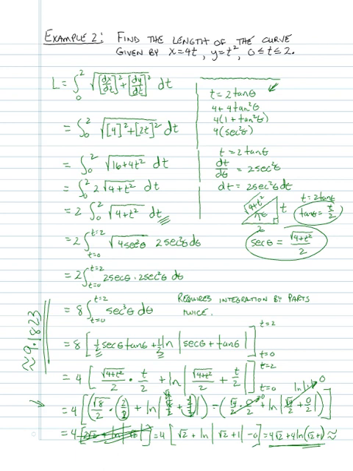We had to use trig substitution on the one hand, and then we got to a point where we're integrating secant cubed, and so that really required integration by parts, and I just reminded you of what that value was.